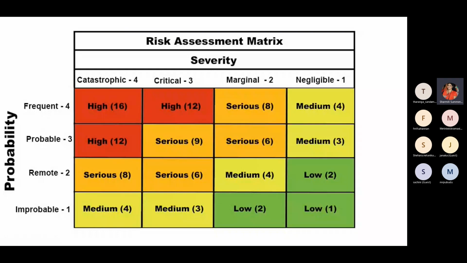For example, frequent means there is a higher chance of getting damage by the risk. So if the patient is at risk, there is a higher chance of damage, and the person is going to get harm or injury at the most severe level due to the risk.